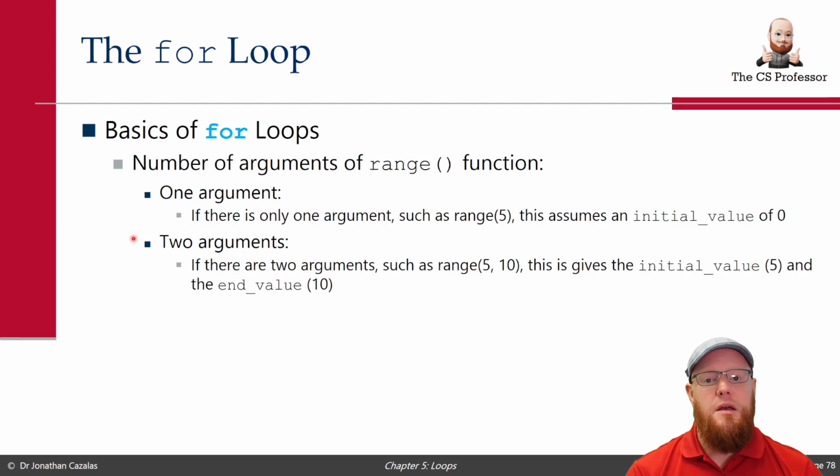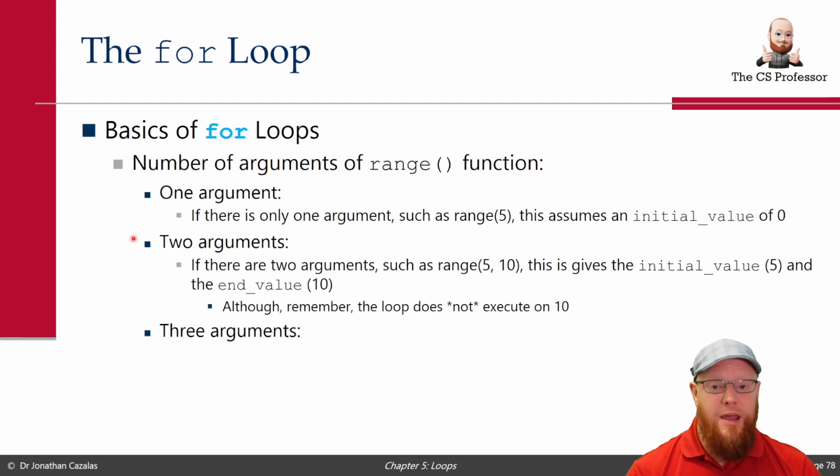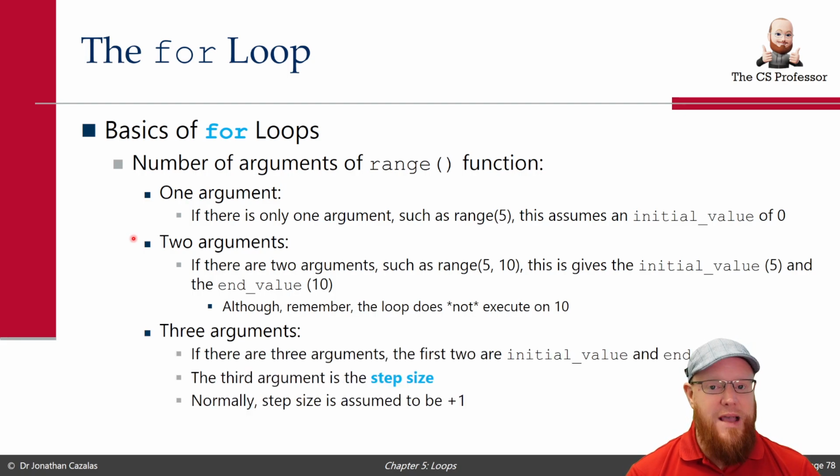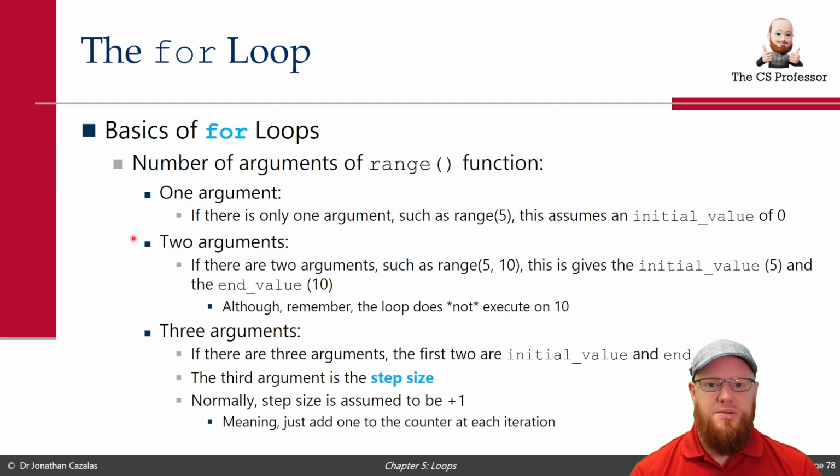So in that case, it would go from 5 to 9. And if we have three values, or three arguments, or three parameters inside those parentheses, that third value is the step size. And the step size is assumed to always be 1 if you don't include that third value.